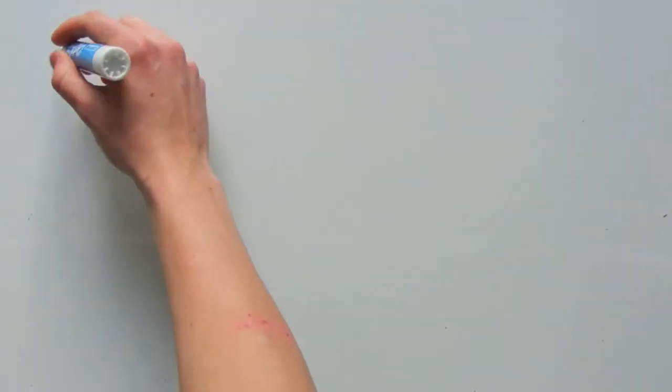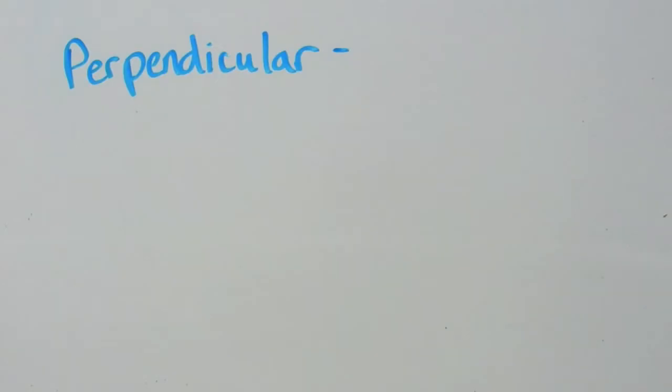You understand that we went over perpendicular and parallel lines, and we went over them in terms of slope. But now we're going to go over them in terms of geometry. So, a perpendicular. The term perpendicular means the following.